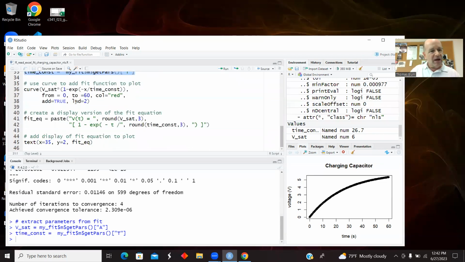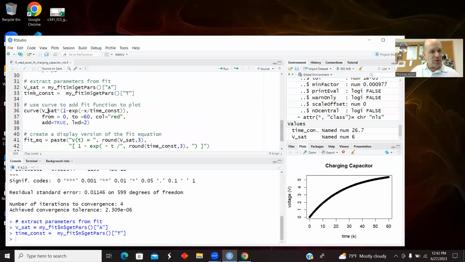Okay. Now I want to add this mathematical function to my data. So I'm going to use curve. I'm using vstat. That's what I called the A parameter, and time constant, that's what I call the T parameter. So I gave them just different names, but here we go.